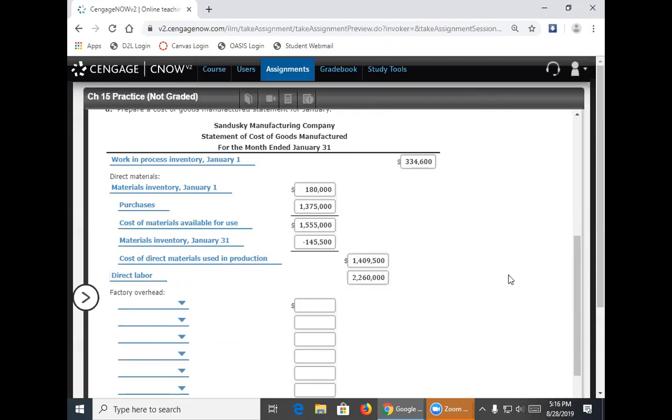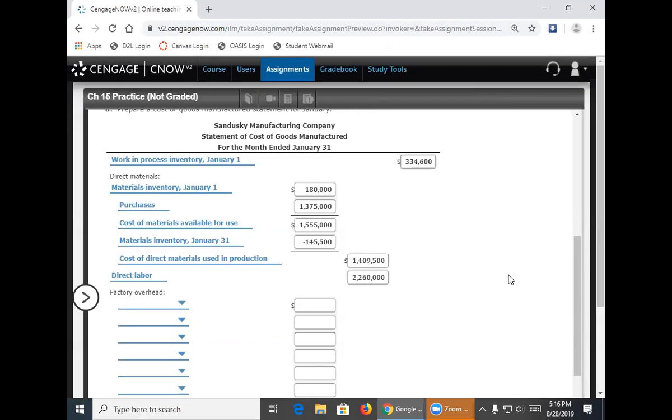So when I start looking at my work in process, I'm going to do WIP for short here. Okay, just to kind of get us set up here. My work in process had a beginning balance of 334,600. Which we've already logged in. We added in materials, 1,409,500.